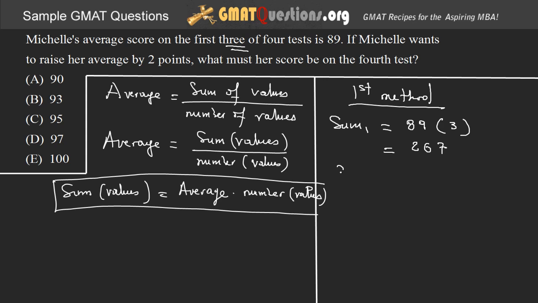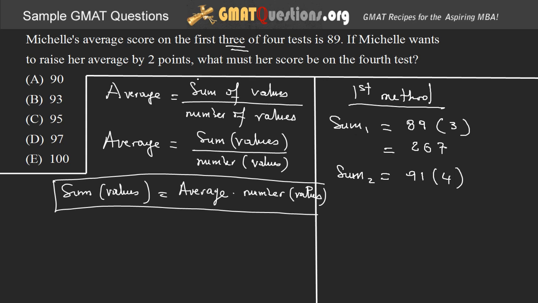And then you write down sum 2. It should be 89 plus 2, raise her average by 2 points, so 91 times 4, because now we have 4 tests. What must her score be on the fourth test? We have 4 tests, so we can use this formula with those 4 tests and the new average 91.